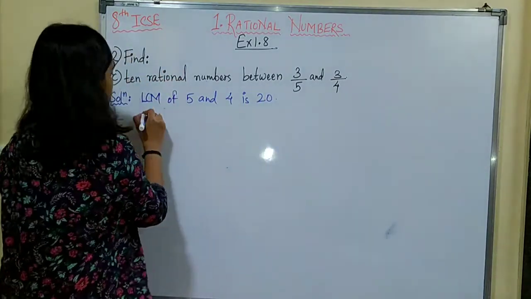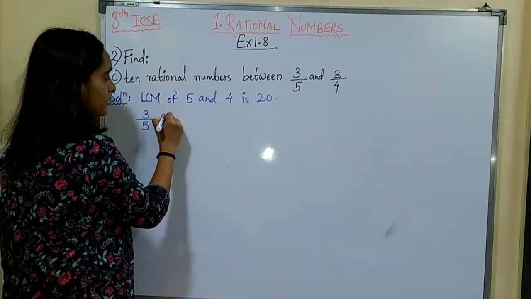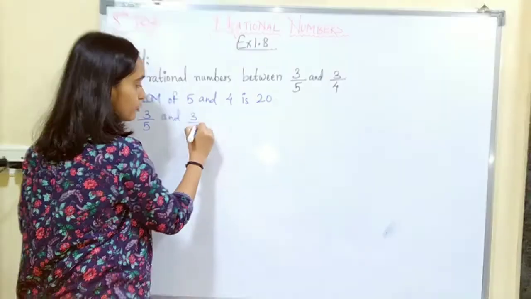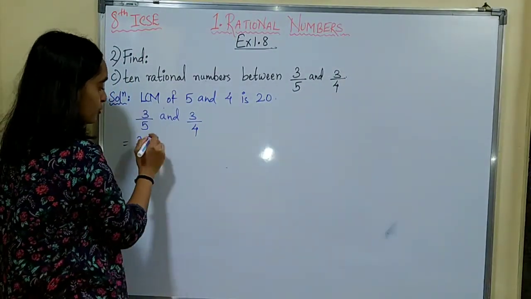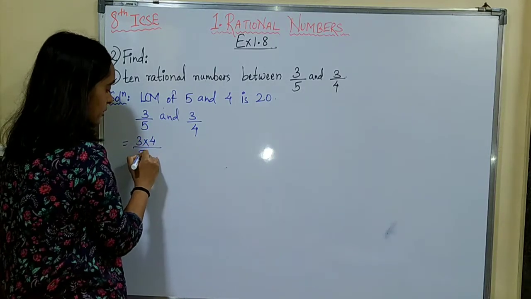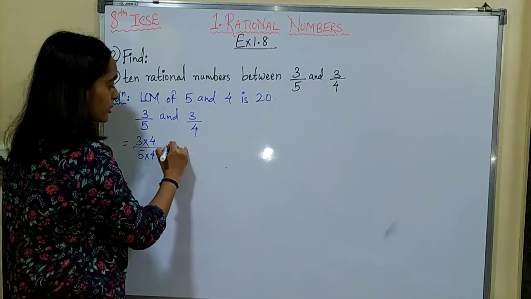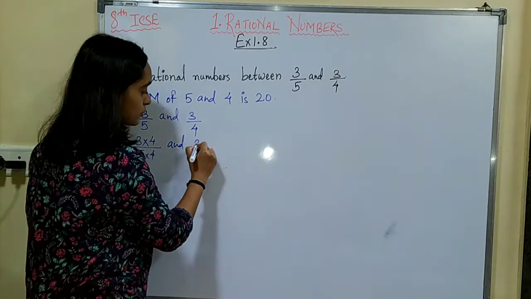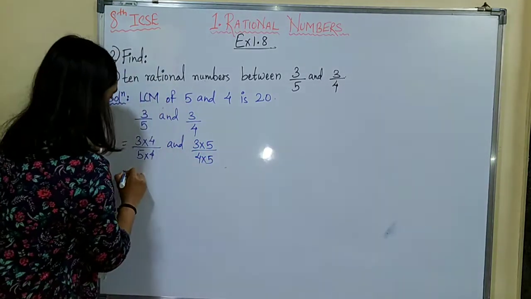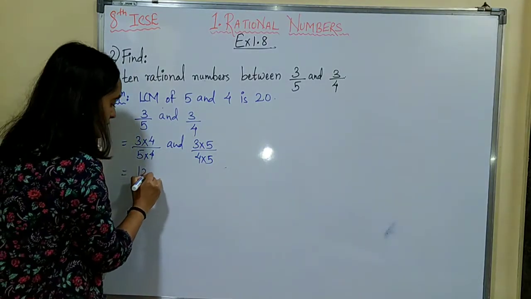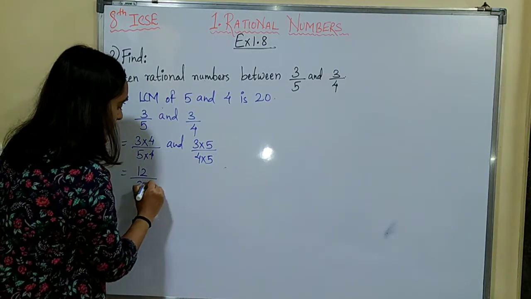So 3 upon 5 and 3 upon 4 will be 3 multiplied by 4 upon 5 multiplied by 4, and 3 multiplied by 5 upon 4 multiplied by 5. So you will get 12 upon 20 and 15 upon 20.